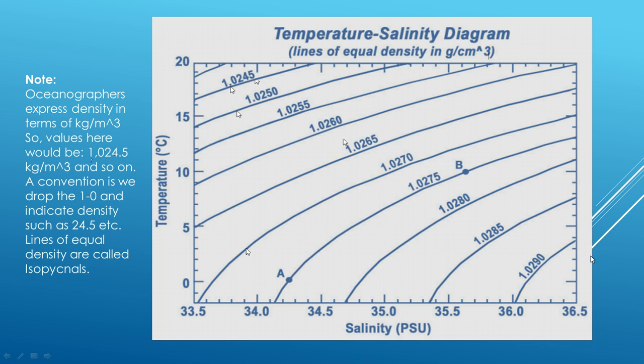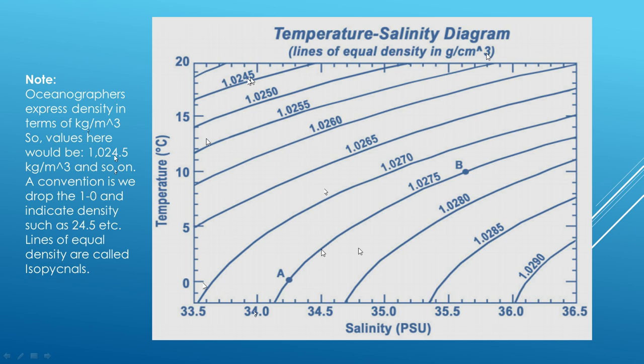Now, these lines that we see here are called isopycnals, lines of equal density. So now let's look at this line right here sitting on the 27.5 density line. We have water parcel A, water parcel B. The temperature for water parcel A is 0C, and the salinity is 34.25 practical salinity units.